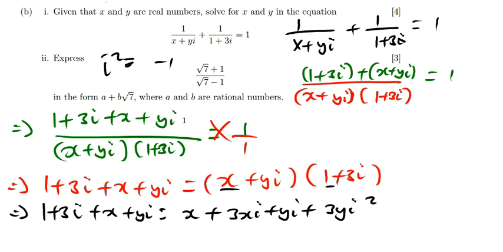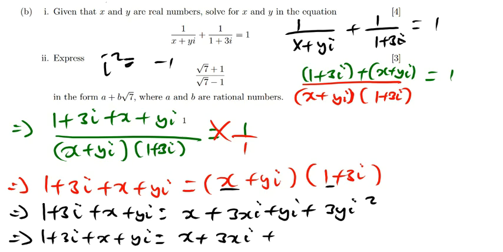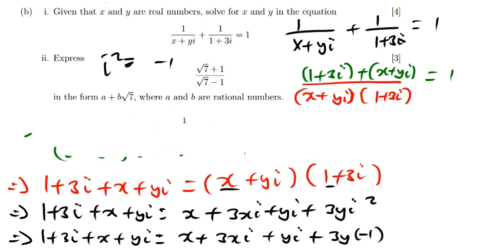The left hand side remains the same. 1 plus 3i plus x plus yi to be equal to x plus 3xi plus yi plus 3i times negative 1. Now I can get rid of this part so that I continue from there.